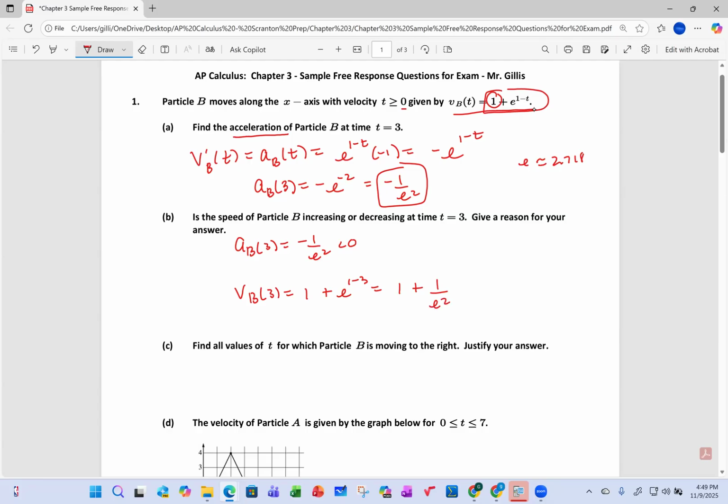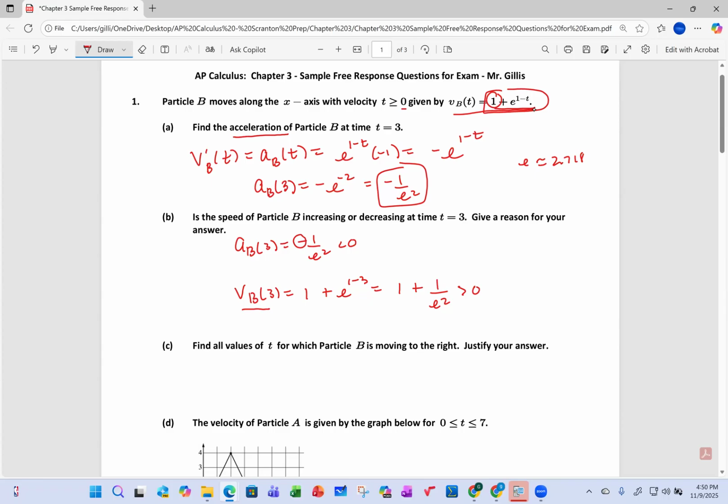Okay, so let me just make sure I see that correctly. So the velocity of particle B is what's given. That's this expression right here. I'm just replacing t with 3. So e to the negative 2 makes that 1 over e squared, which is clearly greater than 0 because remember, e is always positive, but up here, this negative in front will always make the acceleration negative.